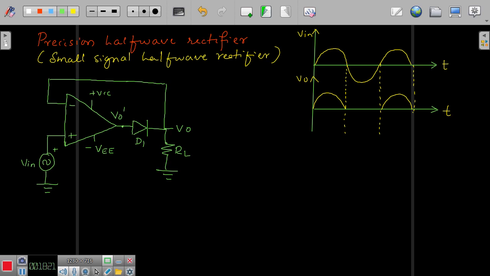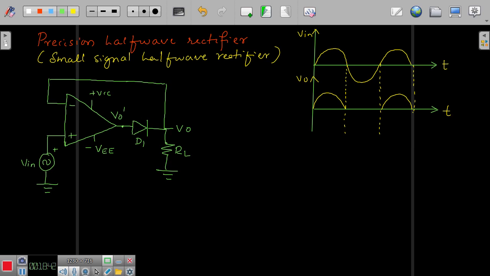Very simple operation. If you understand one simple concept here, this appears to be a very simple circuit. I hope all of you have noted down this.